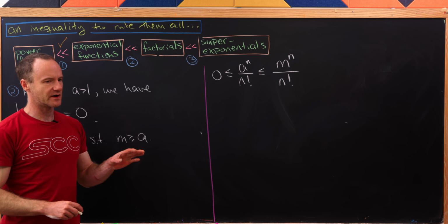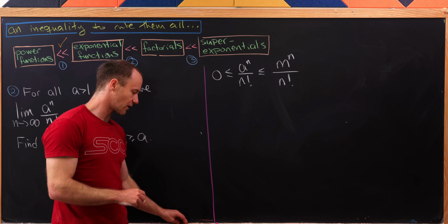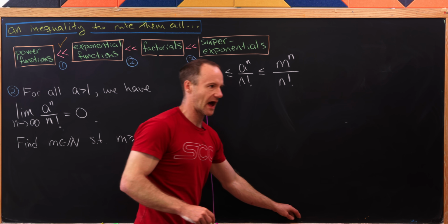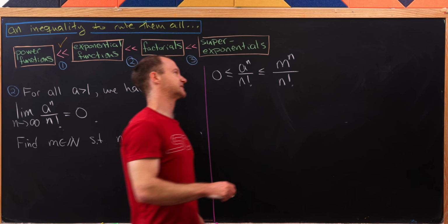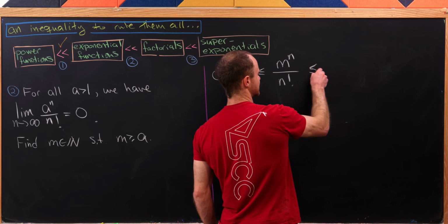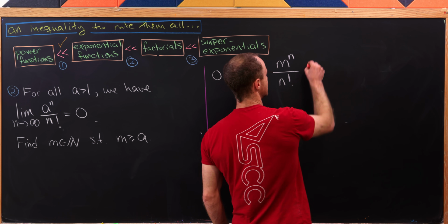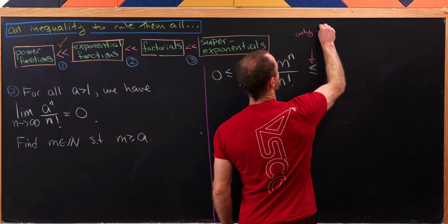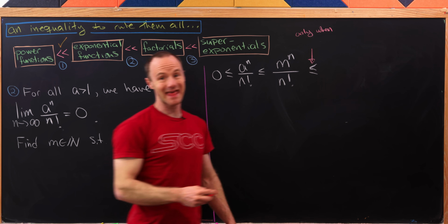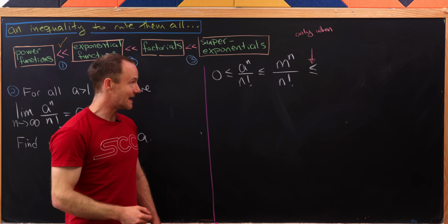Okay. Now for our next inequality, this is only going to hold when our n is large enough. So let's point that out here. So this is going to be less than or equal to, and this is only when we have n larger than m.